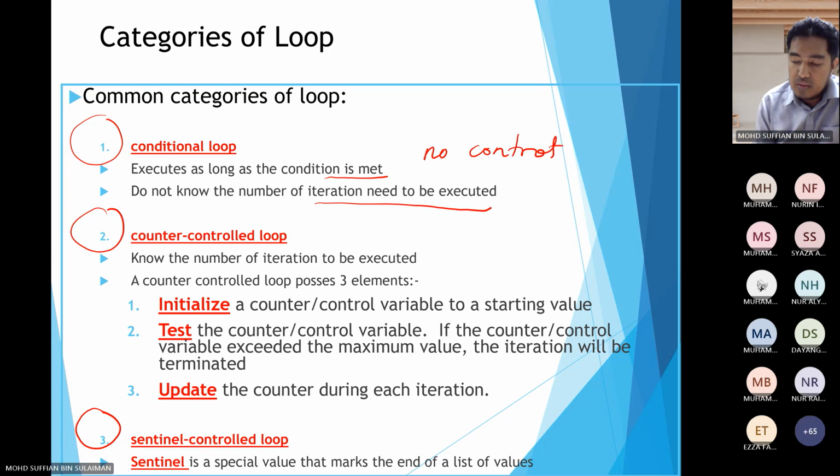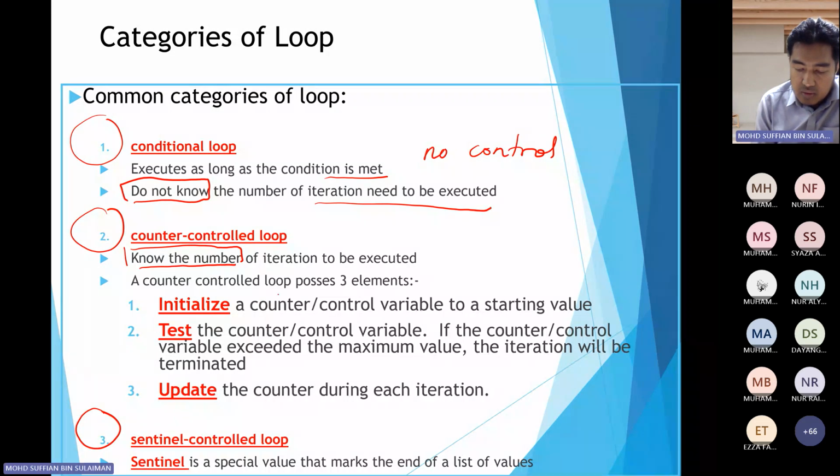Number 2, we have control. Kita boleh kawal, we can control. We know the number of iterations. Number 1, we don't know; this one, we know. So this is the difference between number 1 and number 2.